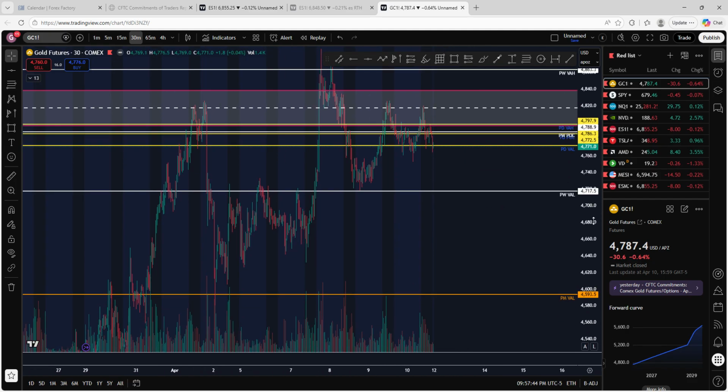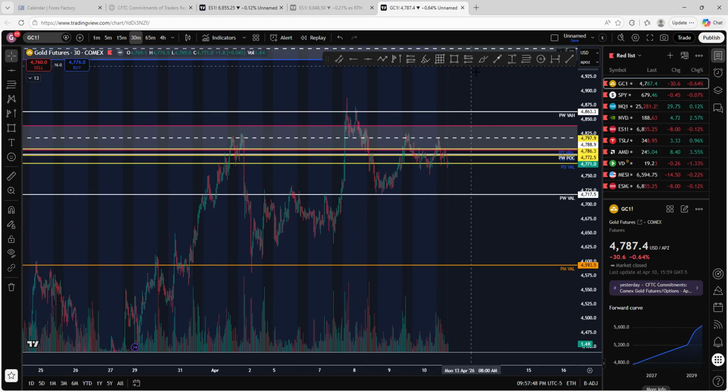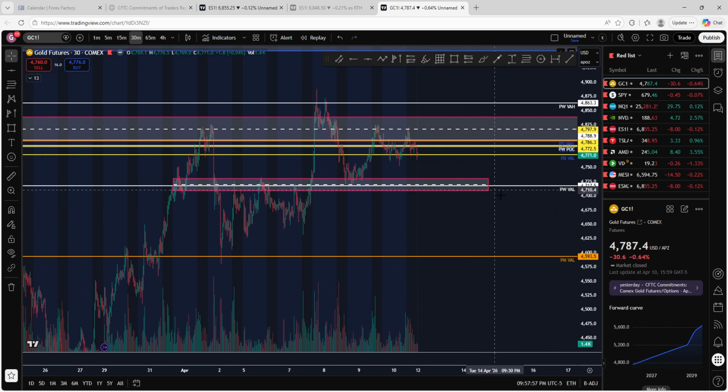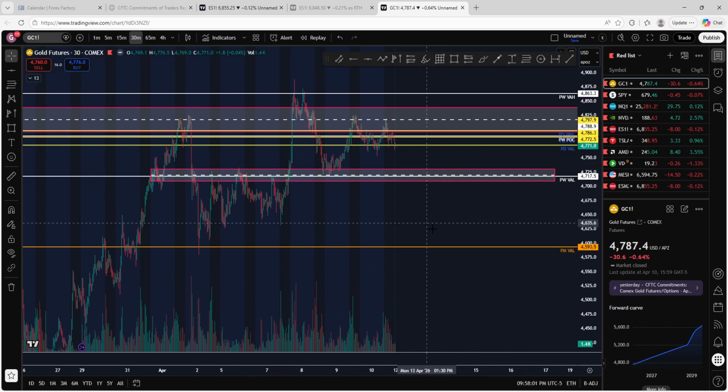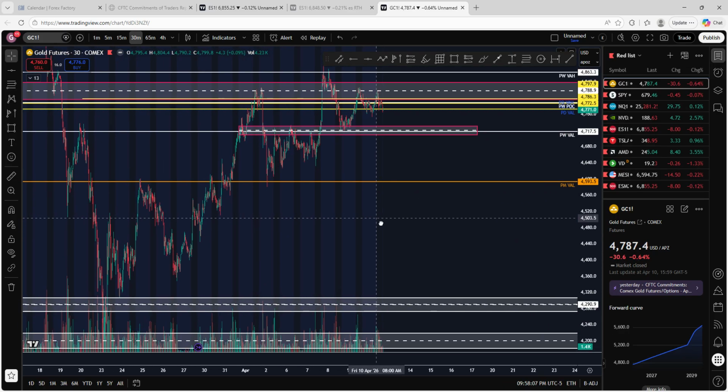If they lose this area on gold this coming week, pay attention to this guy. If they lose this, good chance they're going to come back and test 46.35, right there on gold.